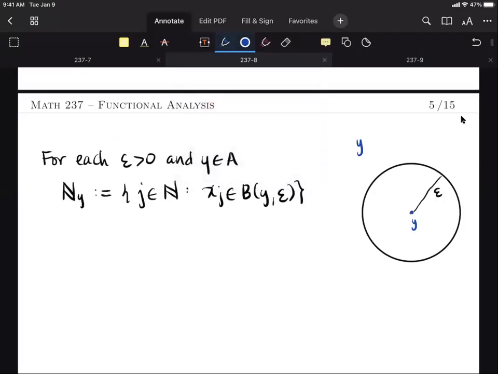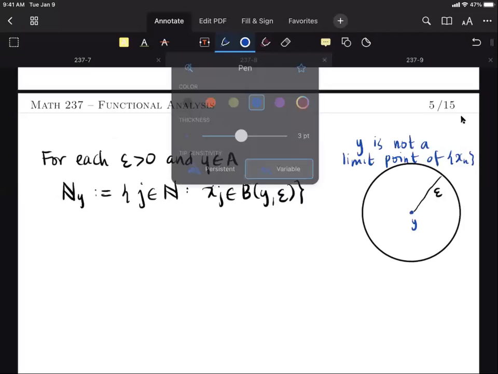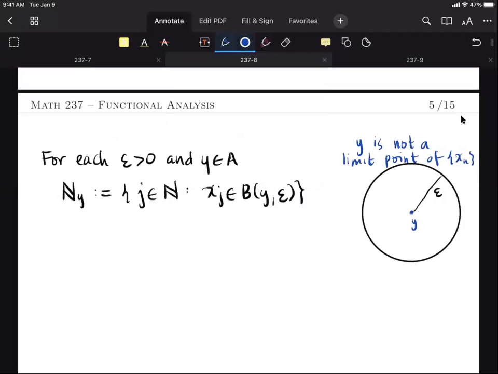So y, since it is in A, is not a limit point of the sequence. This means that this ball, or there exists.